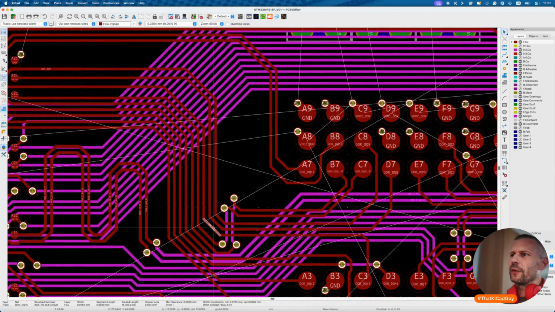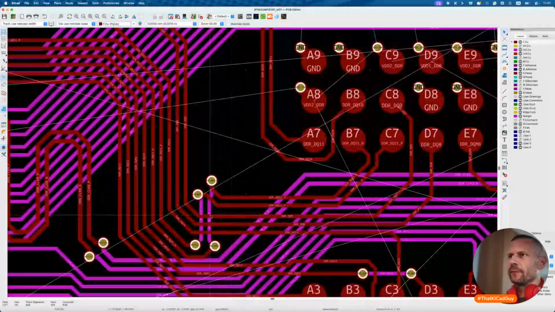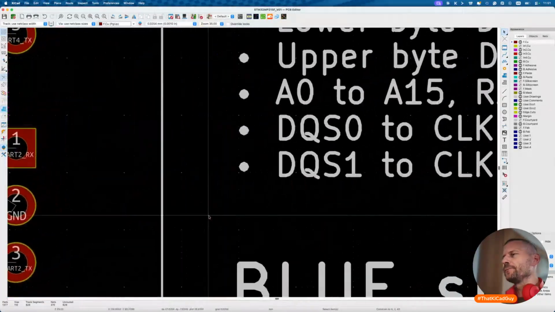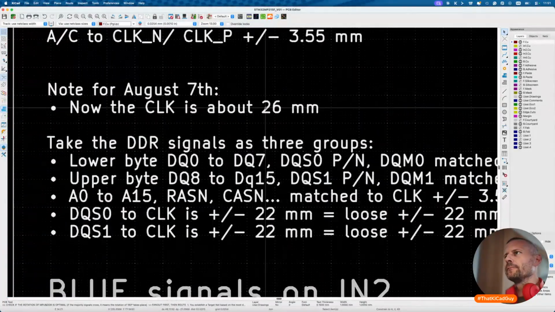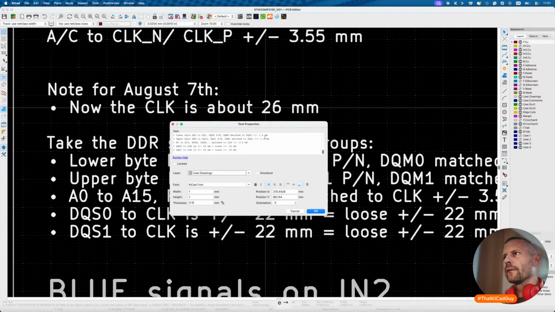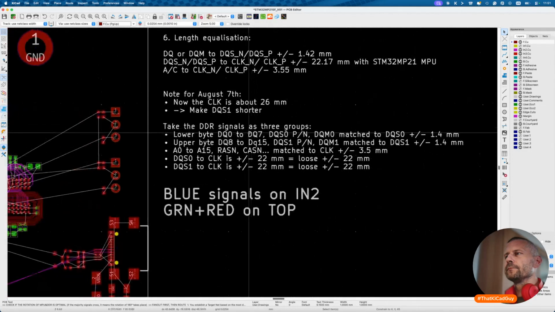Yeah, if we move the entire thing. Okay, so make S1 shorter. Okay.